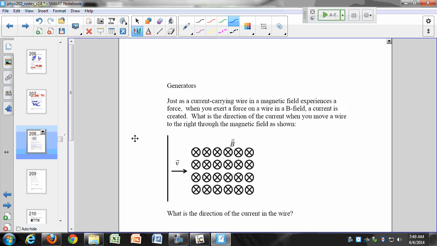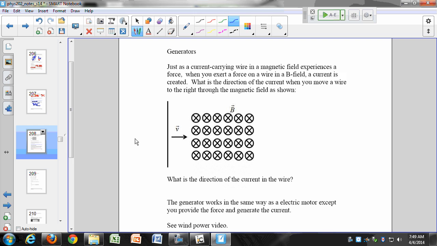All right. Now, so with an electric motor, you run a current through a wire in a magnetic field, and it produces a force. What happens if you take a wire and you push it through a magnetic field? What happens in the wire? Right, you get current that flows. We've already seen this, right, where we pushed a wire through a magnetic field, such as this one. If I have a wire that I'm pushing through this magnetic field, it will generate a current. I like to think of it as I have this wire. It's like this tube, and then there are these positive charges within it.